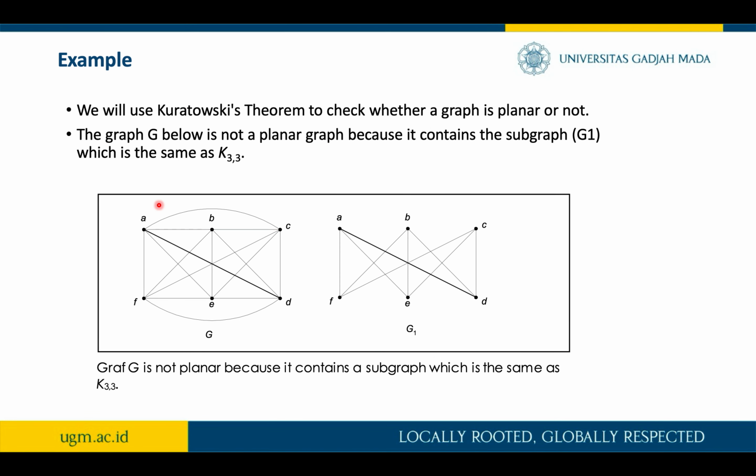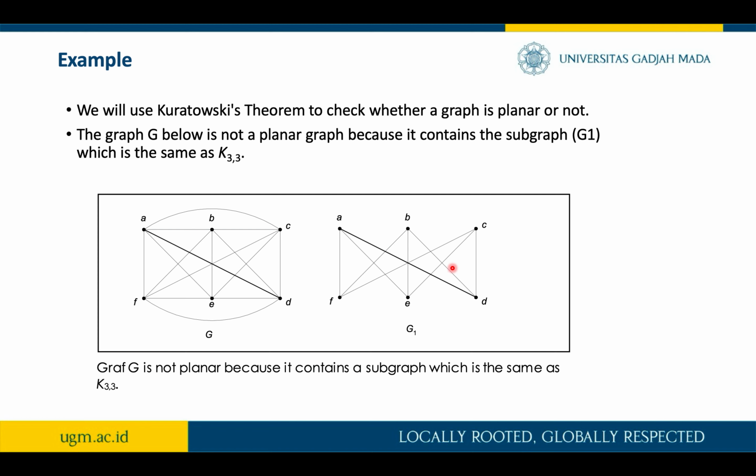This is an example of how we use the Kuratowski theorem to check whether a graph is planar or not. We have here graph G. It is not planar because it contains a subgraph. This one is a subgraph of G, and exactly G1 here is the same as K33, a bipartite graph.